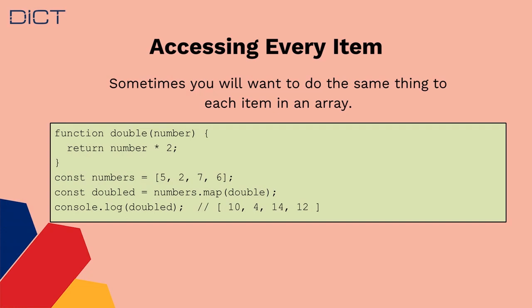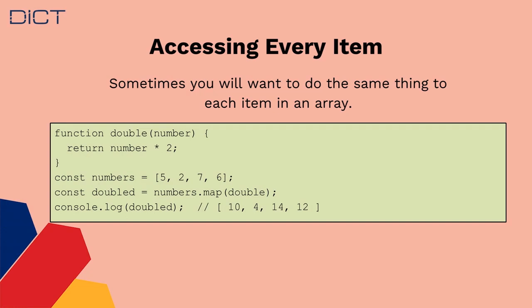We display the doubled value and everything in the array will be multiplied by 2. Starting with 5, it became 10. 2 became 4. 7 became 14. And 6 became 12.